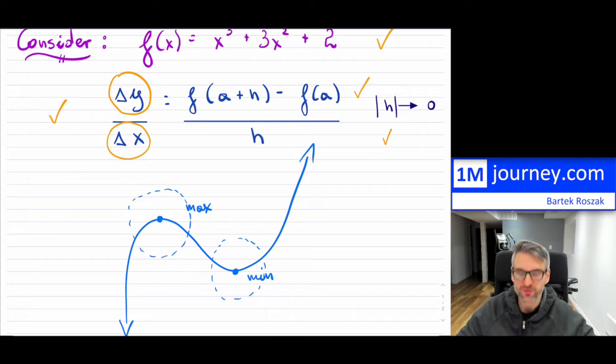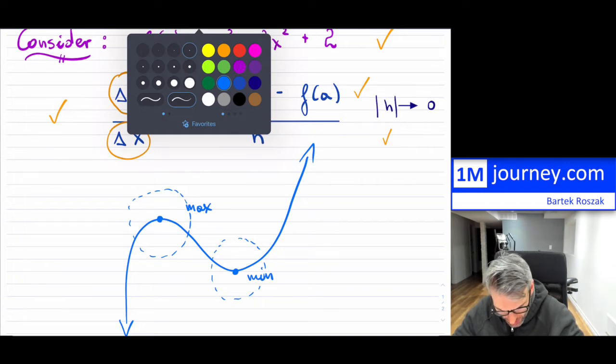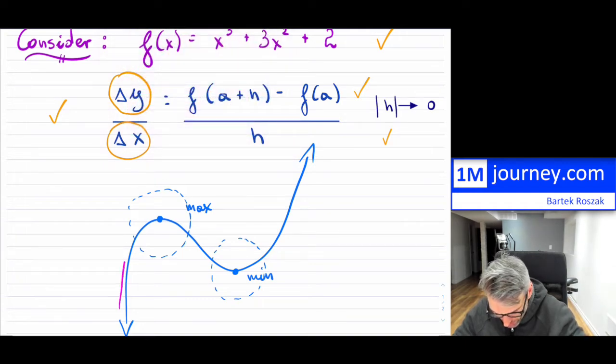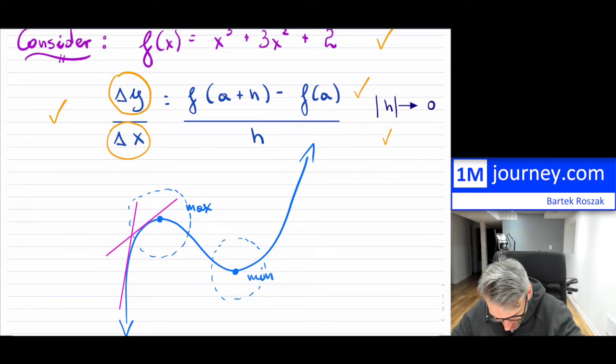Now, if you think of the viewpoint of instantaneous rates of change, we can tie it back into tangents. If we wanted to put a tangent near here, you would very quickly notice, well, that's interesting. If I put a tangent here, it's very steep and positive, but as I get closer to this maximum, it starts to level off. And if you pass it, it starts to slope down.